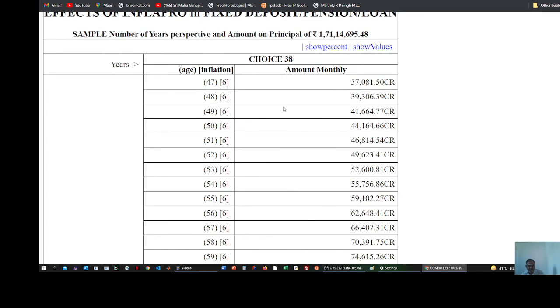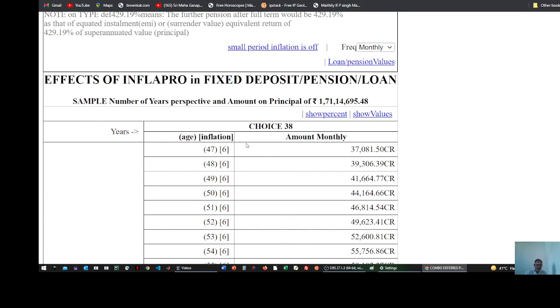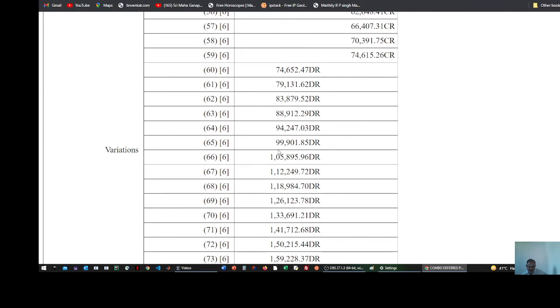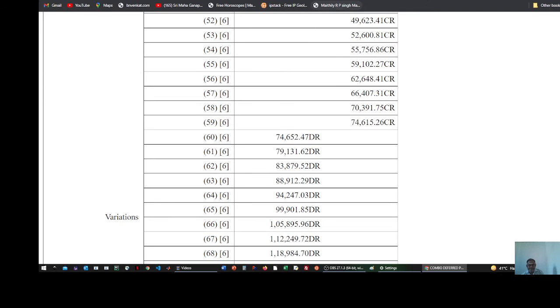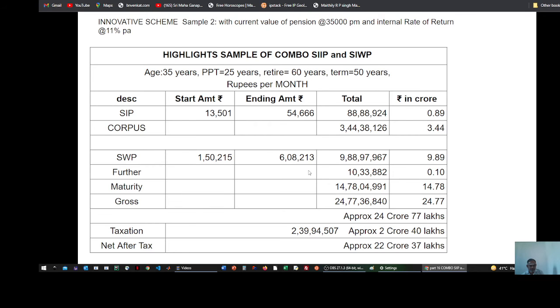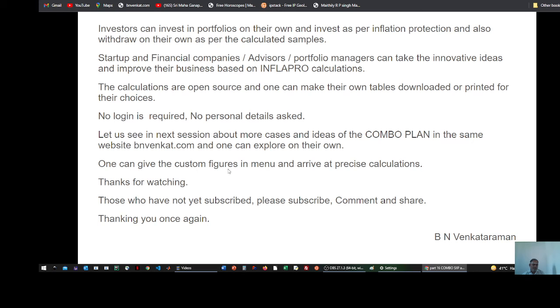It's better to start a policy of this sort of scheme or retirement planning much before the age of 47. 35 is an ideal choice. Okay.